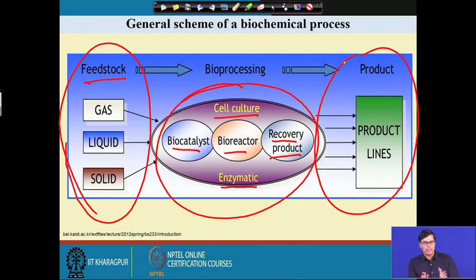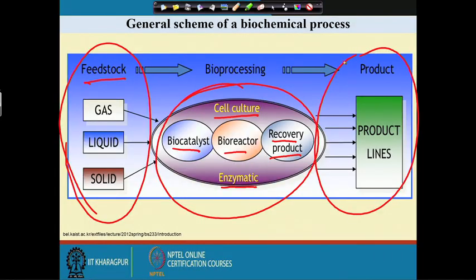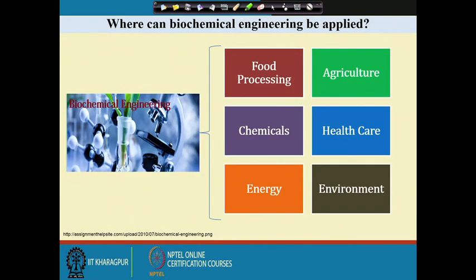So it can be divided into three parts: upstream processing, bioprocessing, then downstream processing. Upstream processing feeds the raw materials to the process, and downstream processing mainly deals with the purification of products.